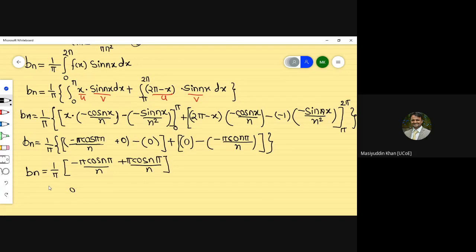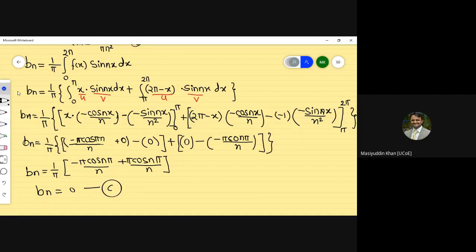And then Bn is equal to 0. Why? Because minus pi cos n pi by n and plus pi cos n pi by n, both parts will get cancelled and the bracket term will be 0. So 0 into anything will become 0. So this is equation number C.